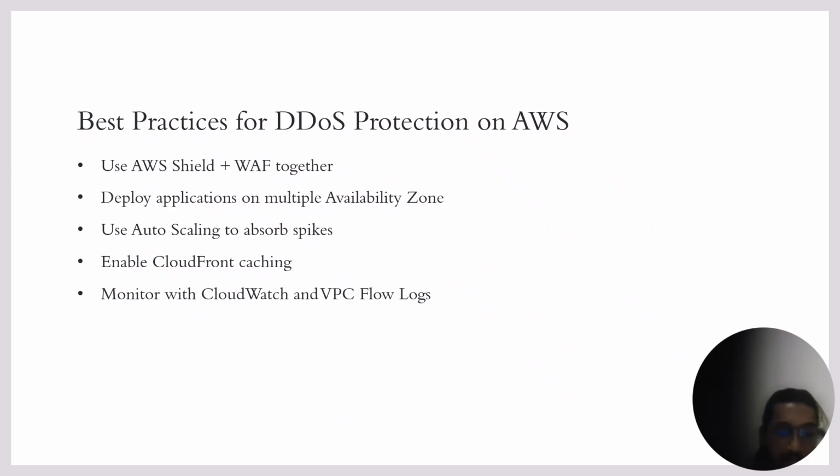Use auto scaling groups to automatically increase capacity during traffic surges. Enable CloudFront caching to offload your origin servers. Continuously monitor traffic using Amazon CloudWatch and VPC flow logs to detect suspicious patterns early. These are the best practices we can follow to protect AWS from DDoS attacks.